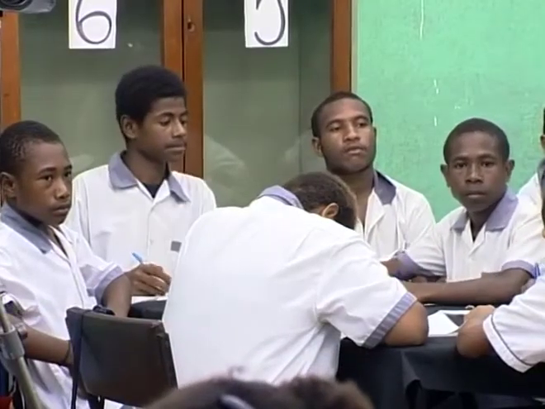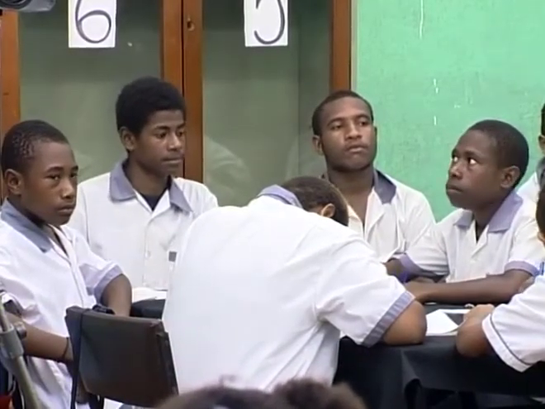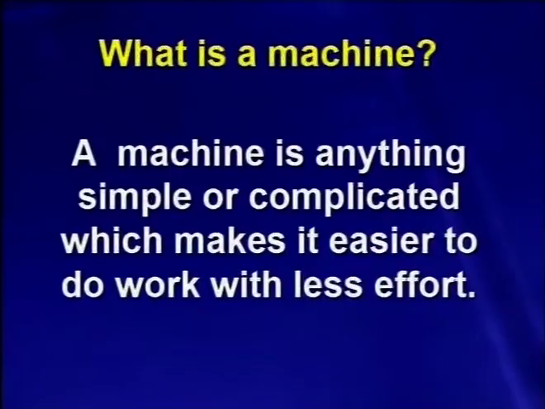Now, let's have a look at the definition of what a machine is. A machine is anything simple or complicated which makes it easier to do work with less effort. Less effort meaning with the help of the machine, you won't do hard work. Get it done quickly.